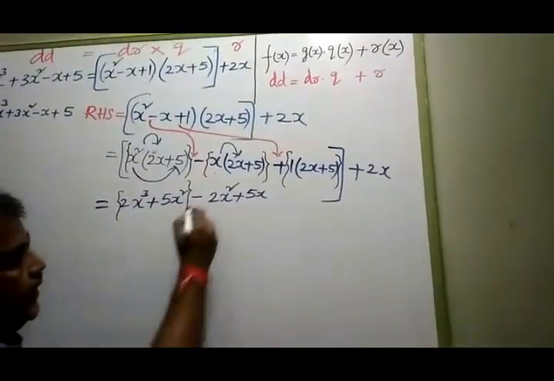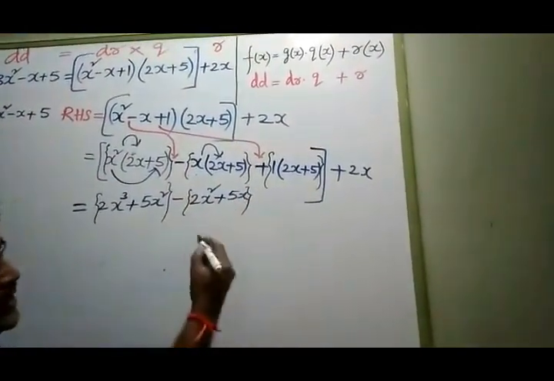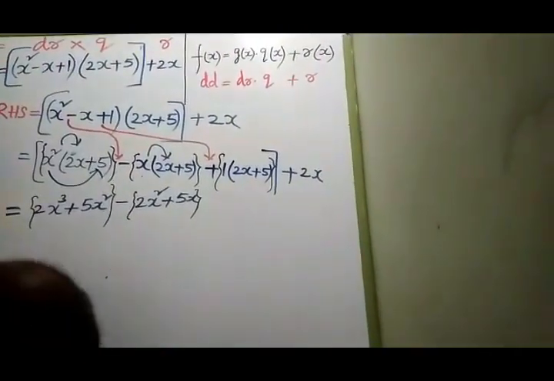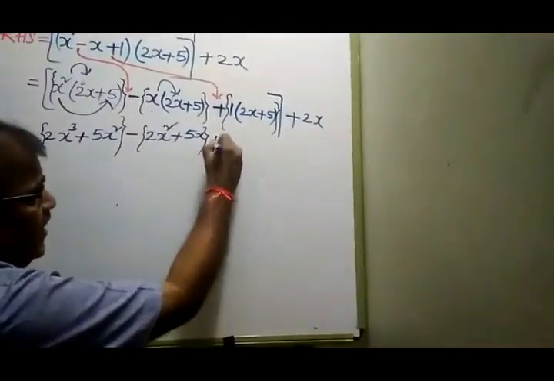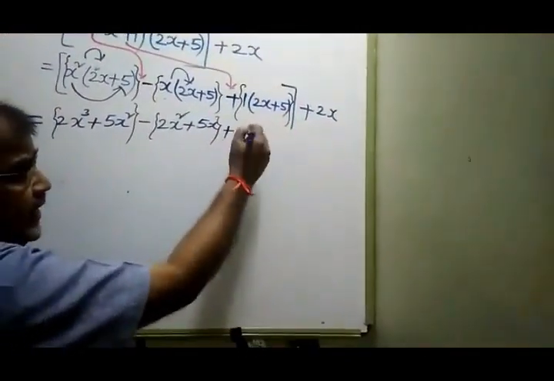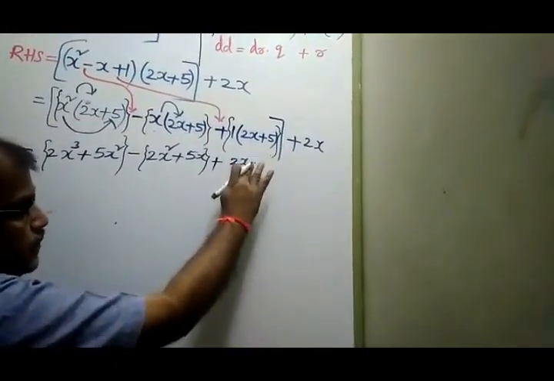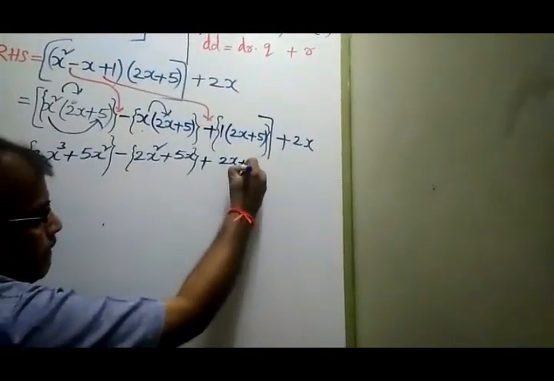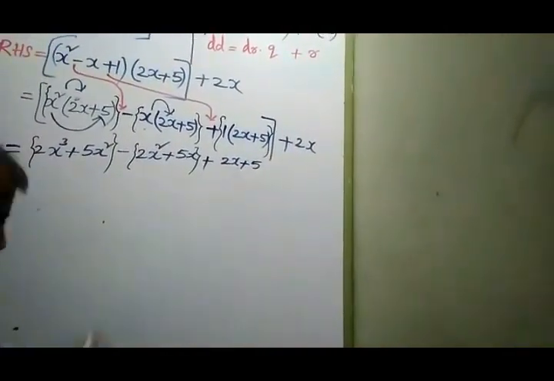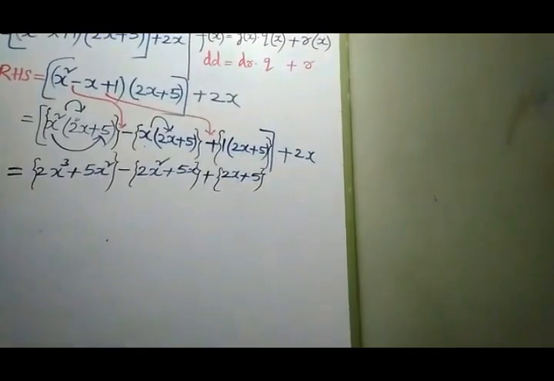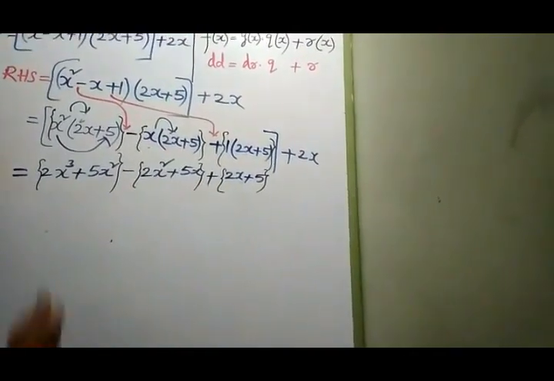Here curly brackets. Next plus 1 into 2x plus 5, not required to multiply, directly you can write 2x plus 5. So curly brackets, and this main bracket I am keeping.